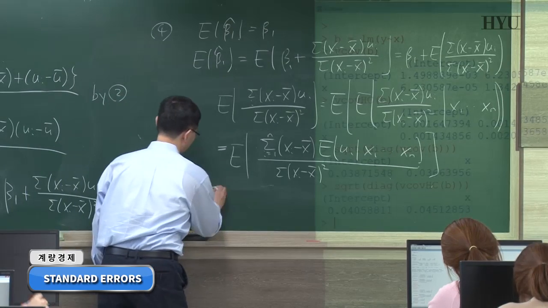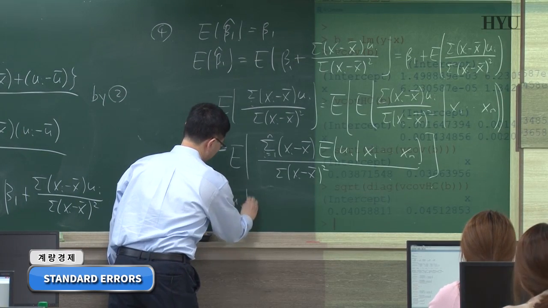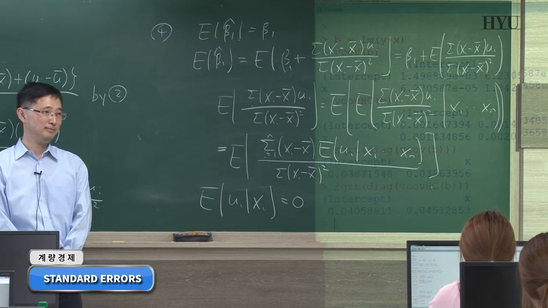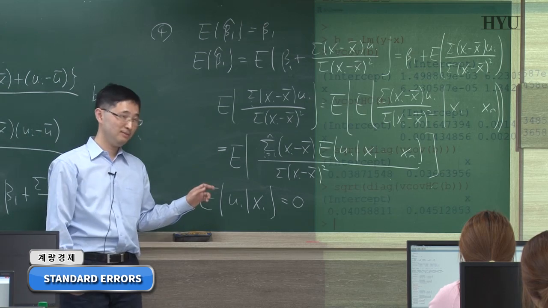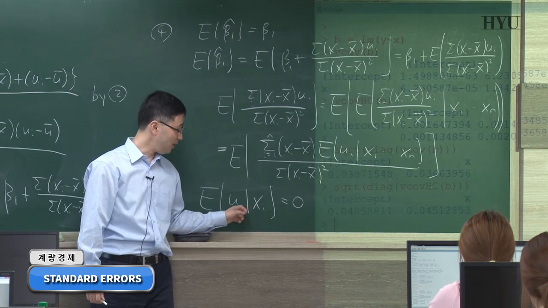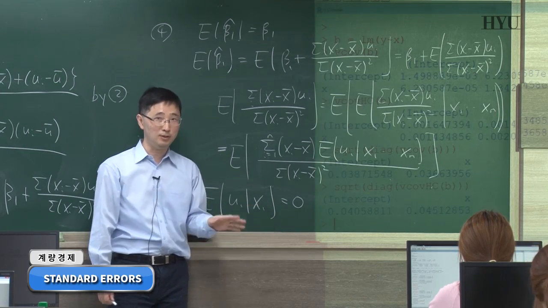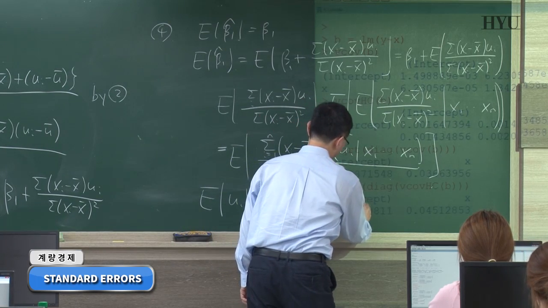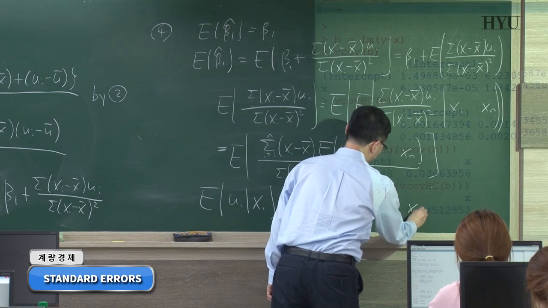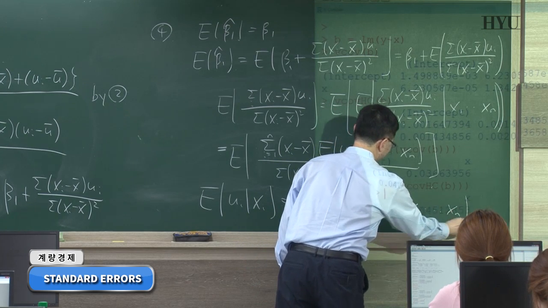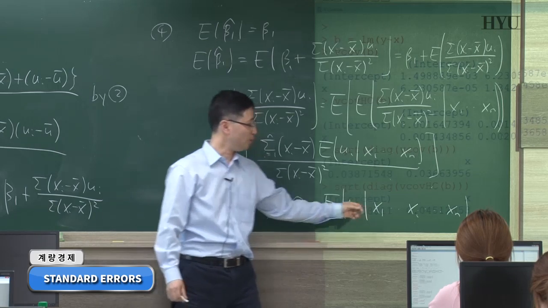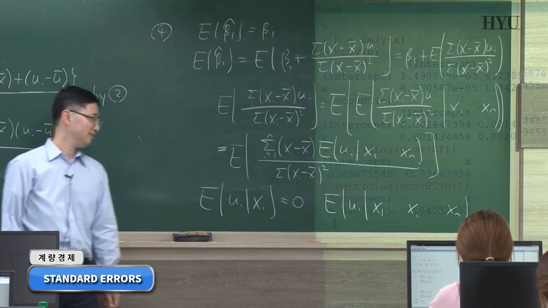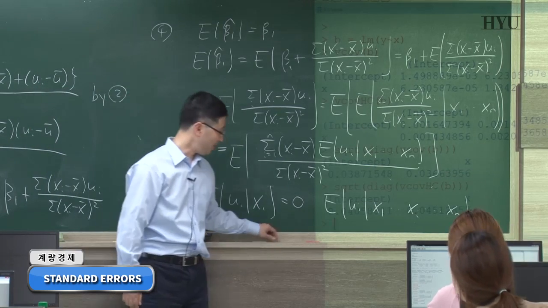The assumption says this is 0, right? So the mean of ui, if you know the value of xi, must be 0. And this one asks, what is the mean of ui if you know x1, x2, xi, and everything? Don't you think that has to be 0 too?